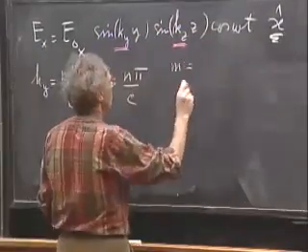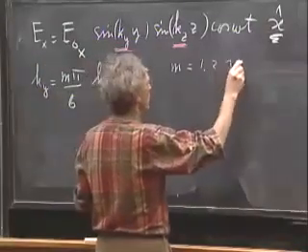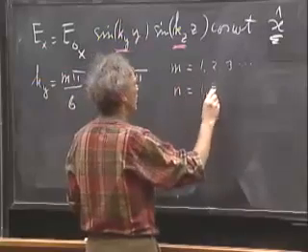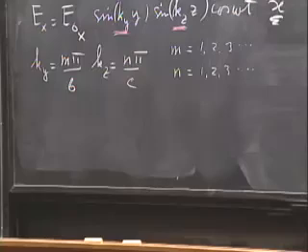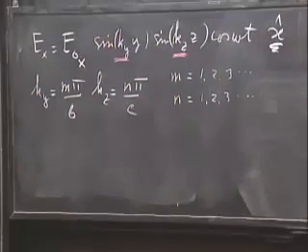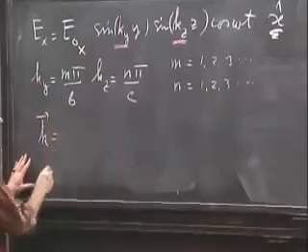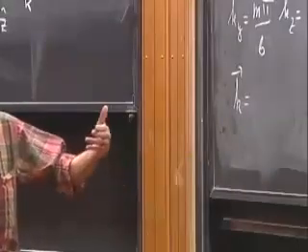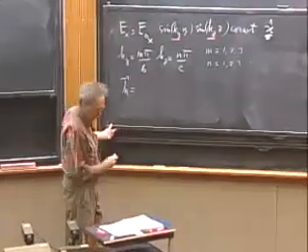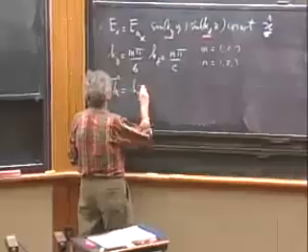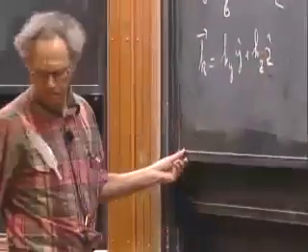And then m equals, in this case, it's sine, so that is 1, 2, 3, etc. And n equals 1, 2, 3, etc. And as long as I meet this condition, the E of x component is quite happy. So it means that k now only has a component in the z and in the y direction. Kx is 0 for this component. And so we get k of y times y plus k of z times z.